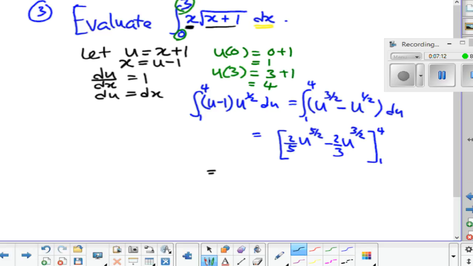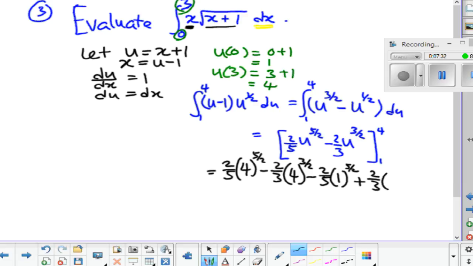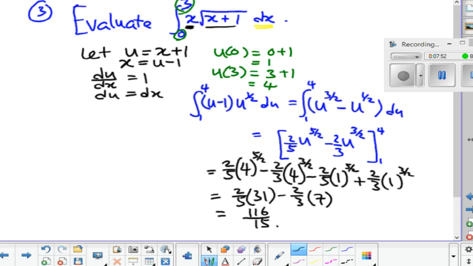And if you do this carefully, you will find that you have 2/5 times 4 raised to the power of 5 half, minus 2/3 times 4 raised to the power of 3 half, minus 2/5 times 1 raised to the power of 5 half, which is 1, plus 2/3 times 1 raised to the power of 3 half, which is exactly 1. So if you've done this calculation correctly, you will find that this is 2/5 of 31 minus 2/3 of 7, which can be simplified to 116 divided by 15. Thank you very much.